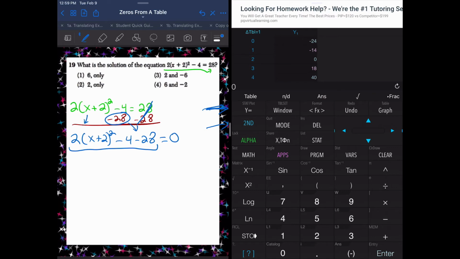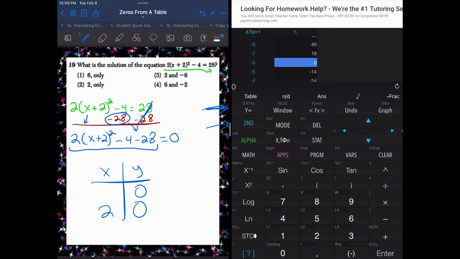And what is a zero that you see on the screen? That's right, positive 2. And let's look for the other one. What would that be? That's right, negative 6. So positive 2 and negative 6. My answer is choice 3.